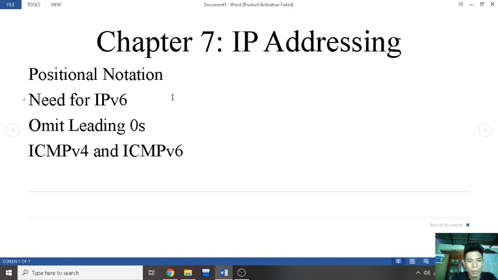The need for IPv6 is that the depletion of the IPv4 address space has been the motivating factor for moving to IPv6, as Asia and other areas of the world become connected to the internet. There are not enough IPv4 addresses to accommodate this growth. IPv4 has a theoretical maximum of 4.3 billion addresses.